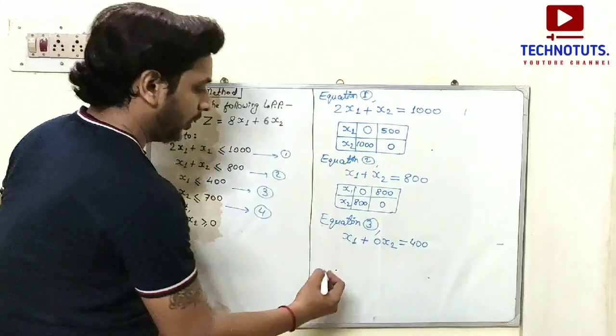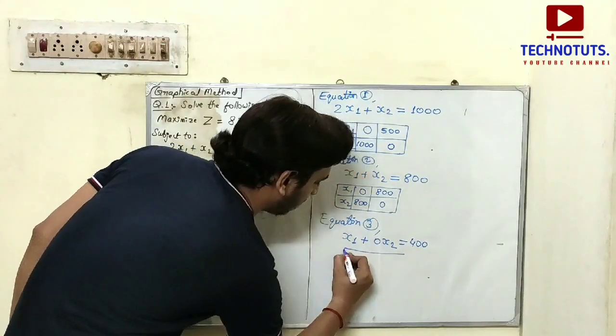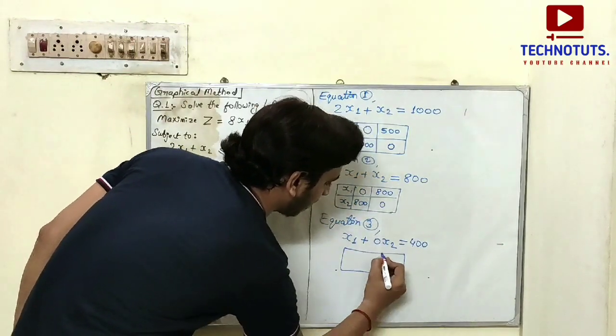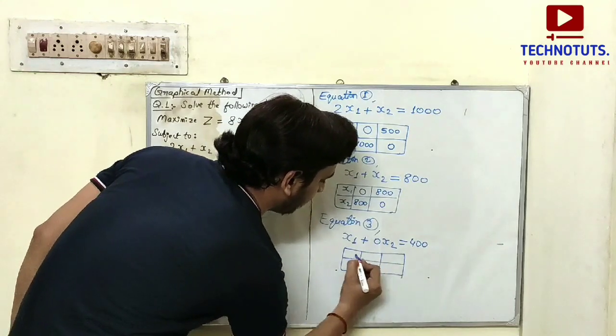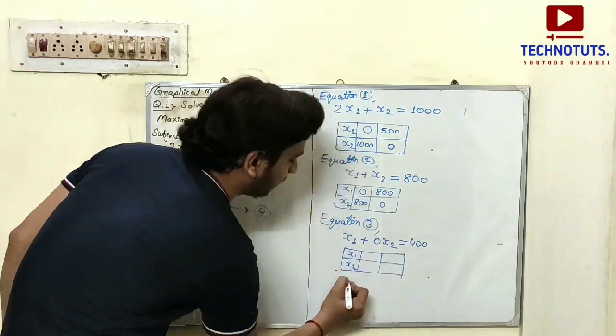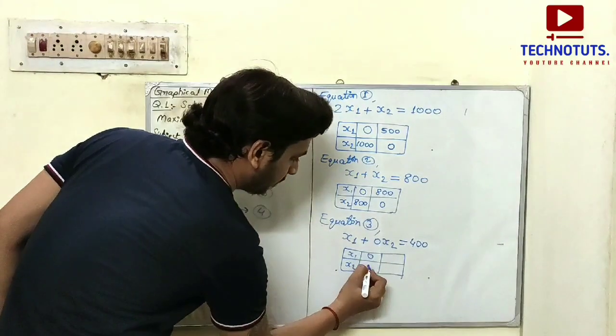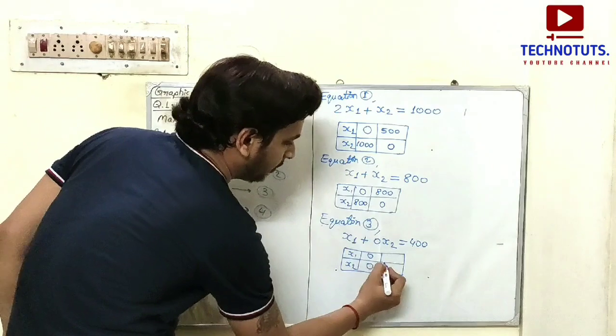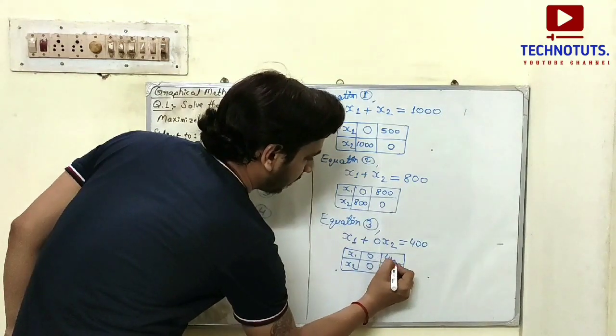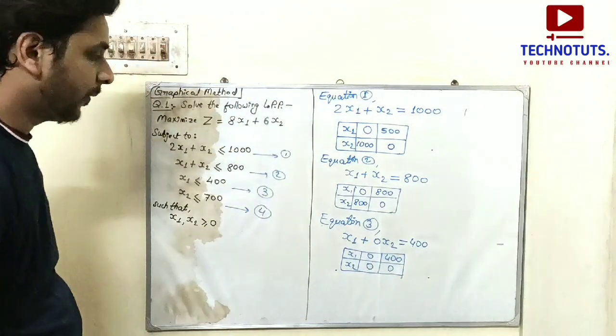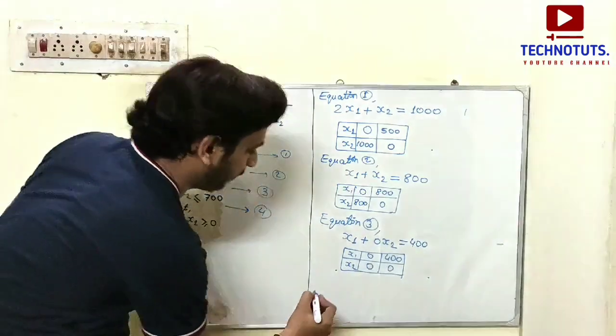Let us find the coordinates of x1 and x2 for equation number 3. When x1 is 0, x2 is also 0, and when x2 is 0, x1 is 400. These are the coordinates.